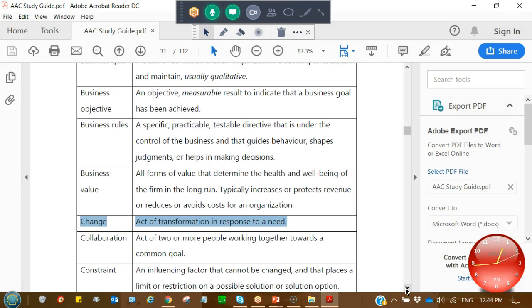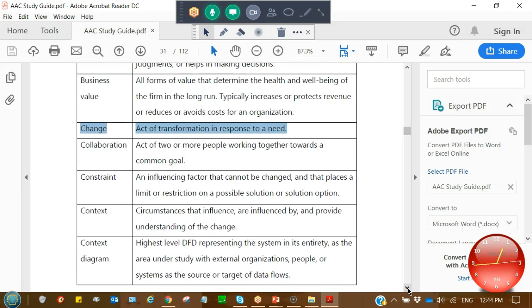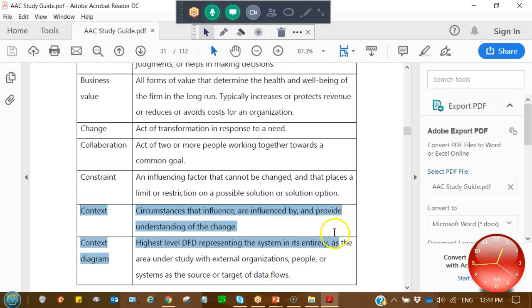So we've got change as an act of transformation in response to a need. Context are the circumstances that influence or are influenced by or provide understanding of the change. So we've got a connection here between context and change.